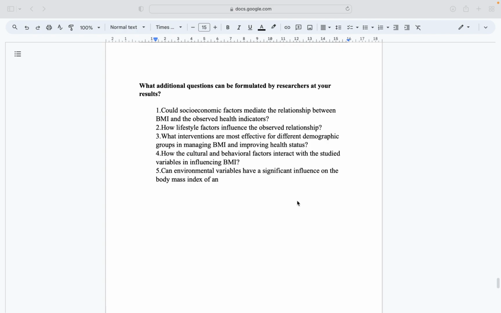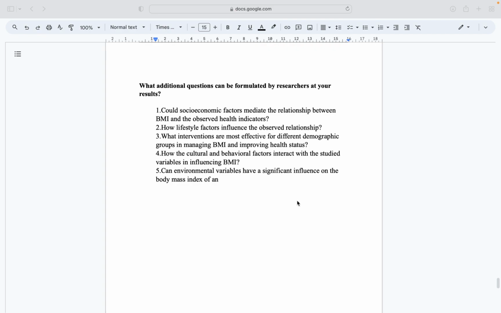What additional questions can be formulated by researchers from my results? I chose five questions for this. One: could socioeconomic factors mediate the relationship between BMI and the observed health indicators? Question two: how can lifestyle factors influence the observed relationship?